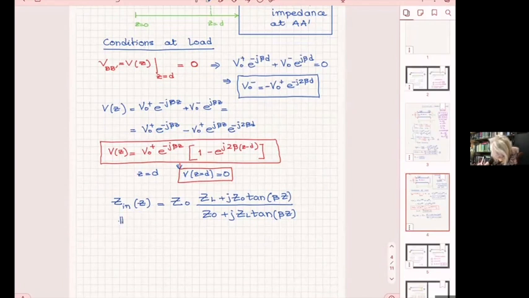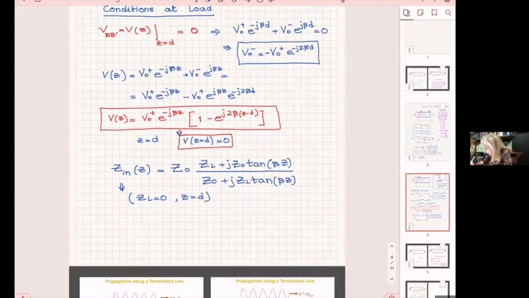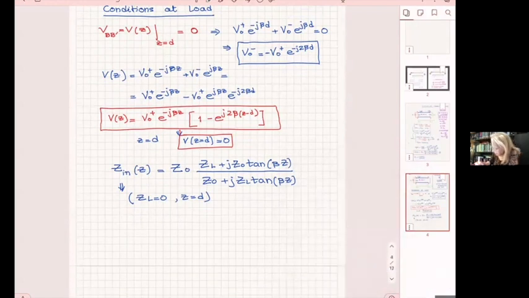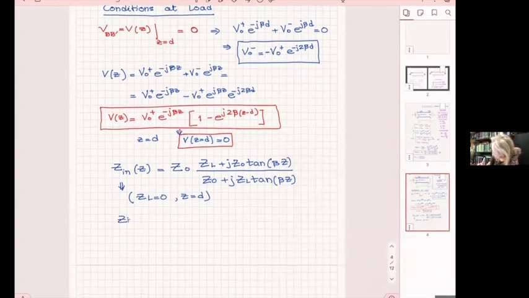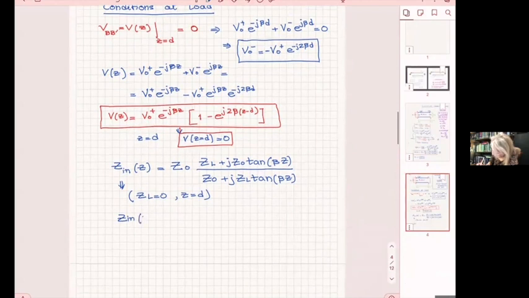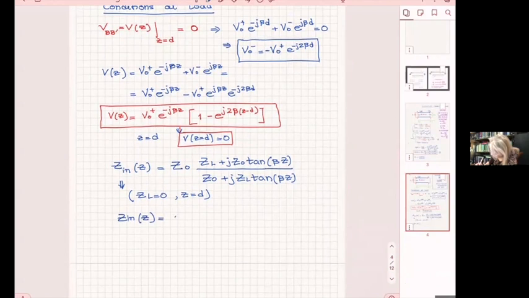We have that ZL is 0, and we have that Z equals D. So we have a short circuit at this distance from the source. So then Z input at any point Z, I will put ZL equals 0, so it's going to give me Z naught times j Z naught tangent of beta Z divided by Z naught.